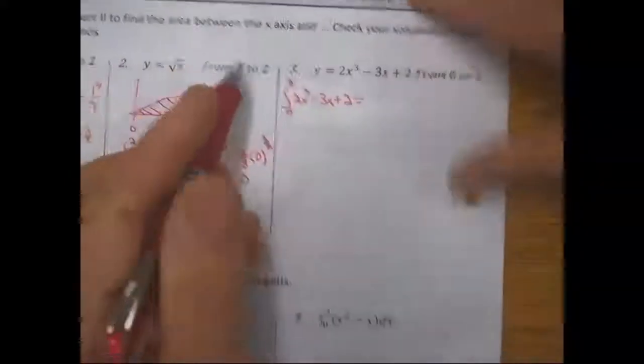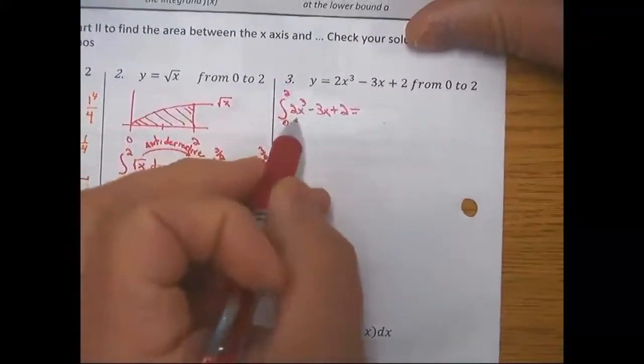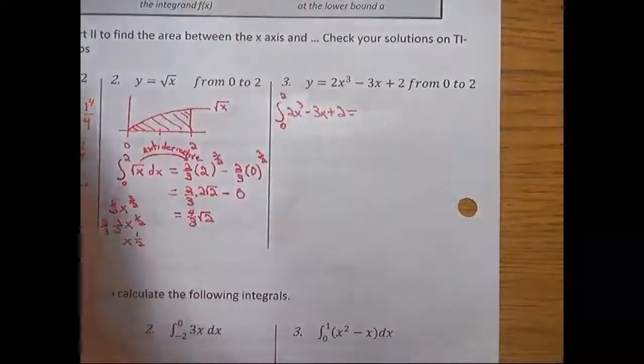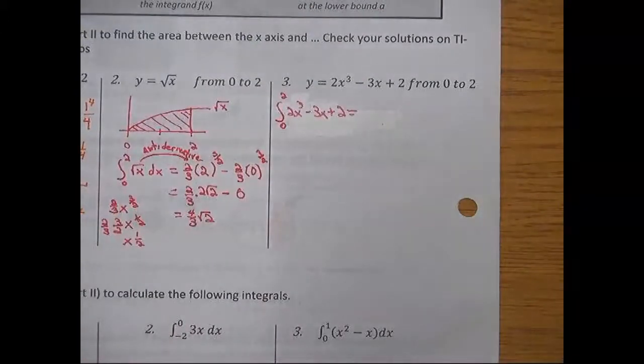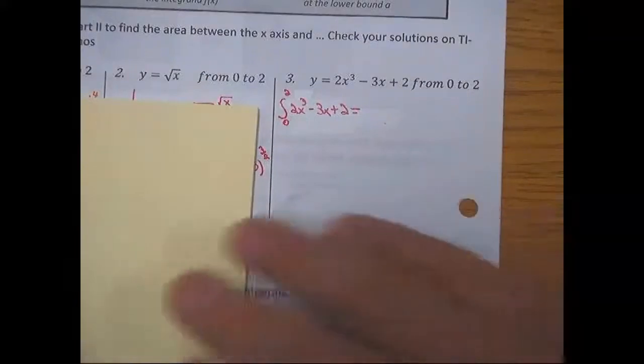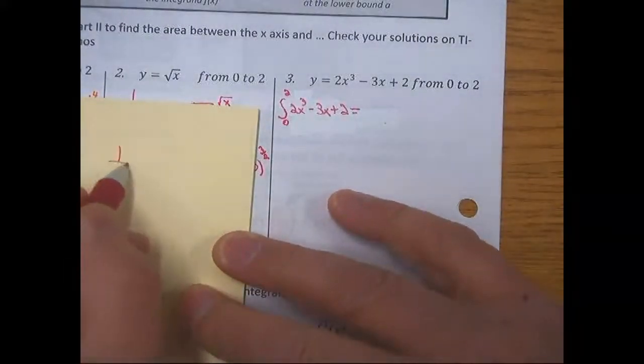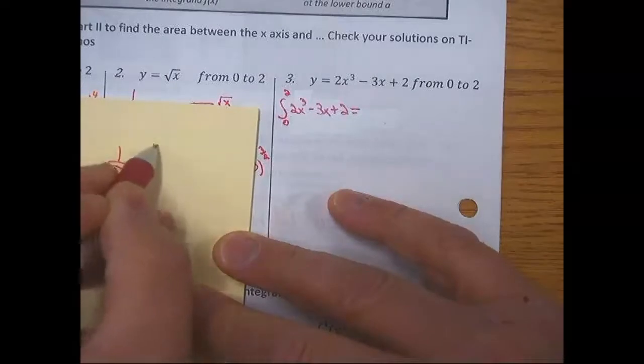Okay, so what's our antiderivative here? The first part, Eddie, what would be the antiderivative of 2x cubed? 1/2 x to the 4th.